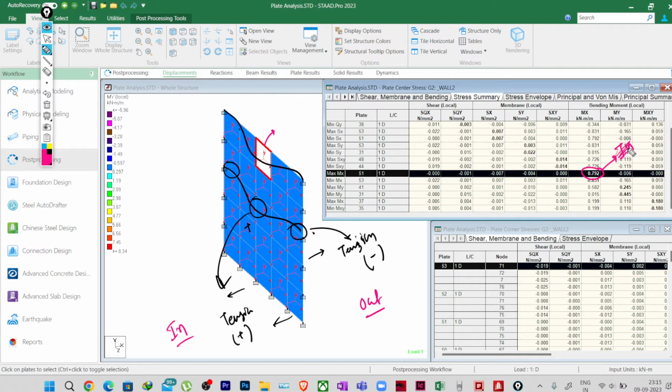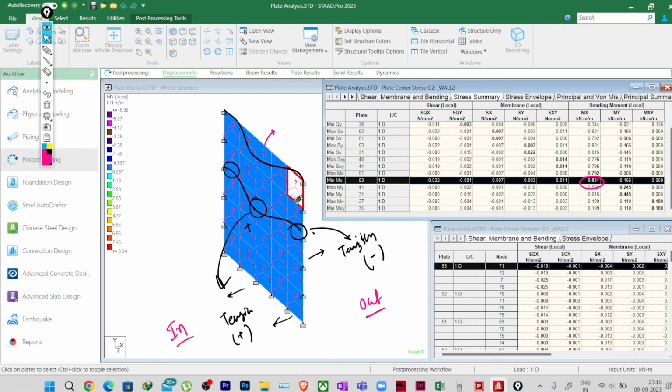Right? Similarly, the negative moment, if you see, minus 0.831. If I select this, it should happen at the edges. I select this, and you can see it is happening at the edge. So this moment will be at the outer face, and this bending is happening in the outer direction.